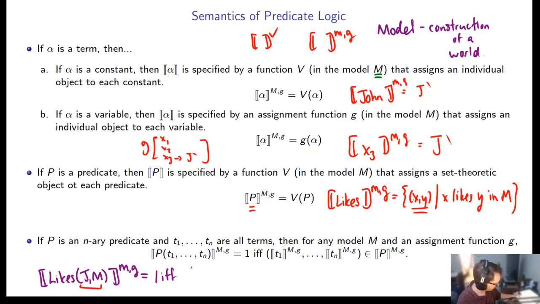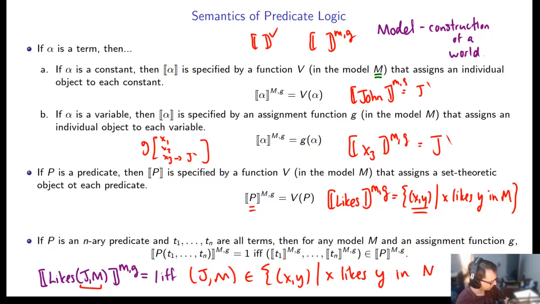So this is going to be true if John and Mary is an element of this set, an element of the set of pairs XY such that X likes Y in M. So a little bit different than how we did our trees, but this is just the difference between predicate logic and how syntacticians and semanticists do trees in linguistics.